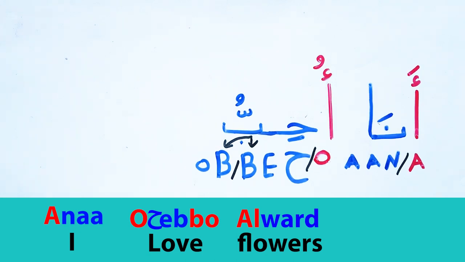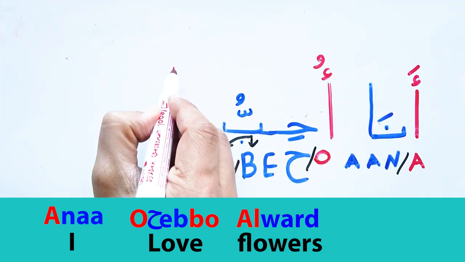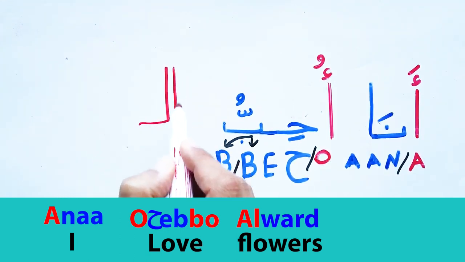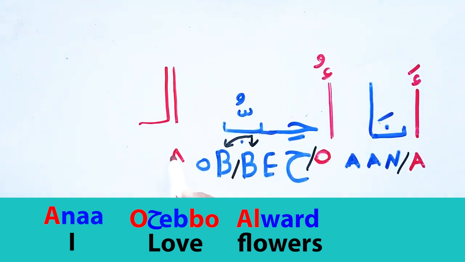So literally it is أنا أحب, I love flowers. It will be the flowers, الورد, the flowers. We say it like this, so I'm gonna say الورد. ألف لام, that one sounds like A and here this lam sounds like L. Here we're not gonna drop it, we will pronounce it.